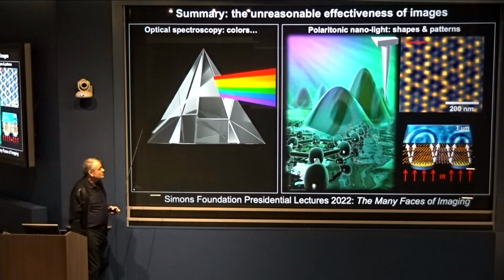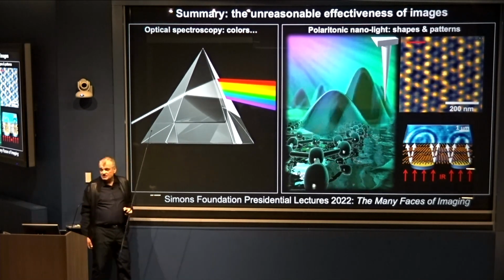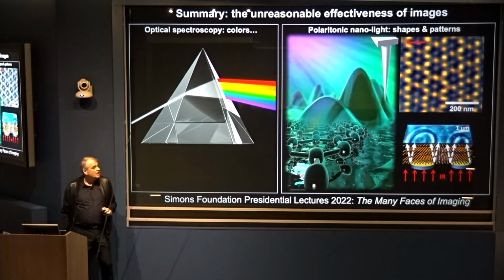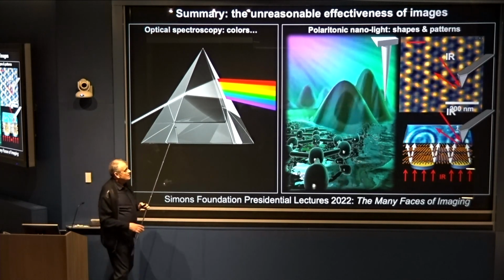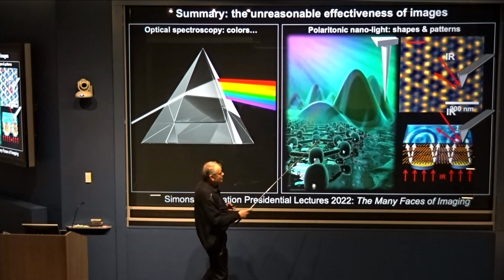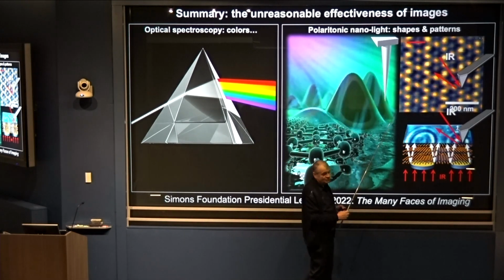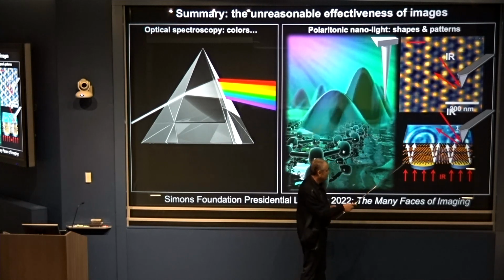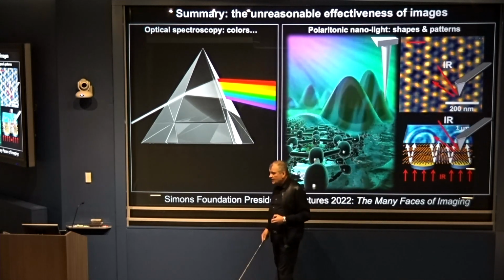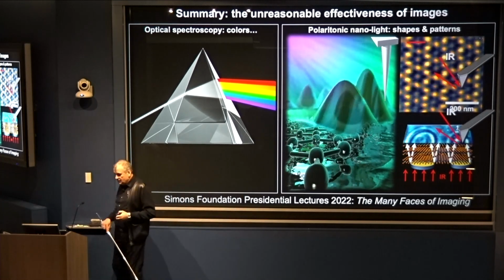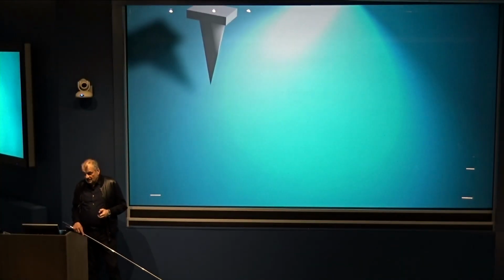With polaritons, it suddenly becomes about shapes and forms and the standing waves that we can form. With these two examples, and I had to rush a little bit through this one, this is a pattern produced by domain walls in a van der Waals material, and here is a hyperbolic state that we created on demand, and polaritonic imaging has allowed us to decipher the relevant physics.